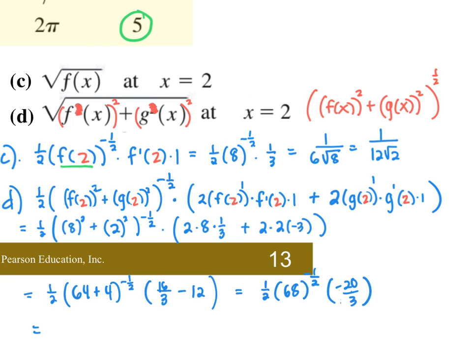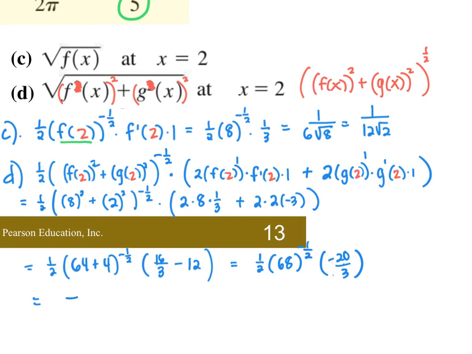So altogether, what's left in my numerator is negative 20. What's left in my denominator is 6 and the square root of 68. So that can be simplified into 2 rad 17.